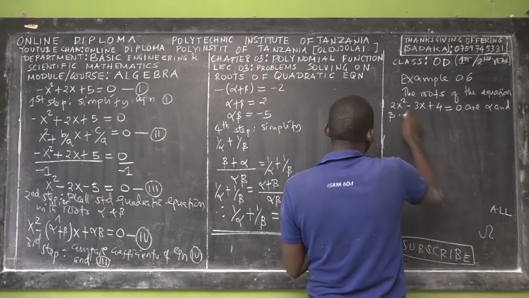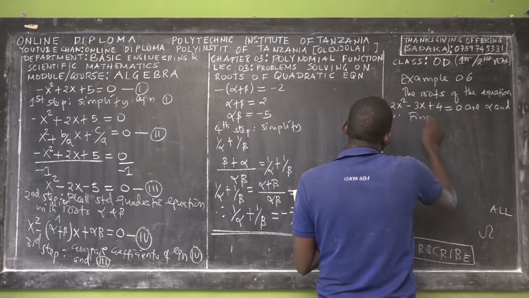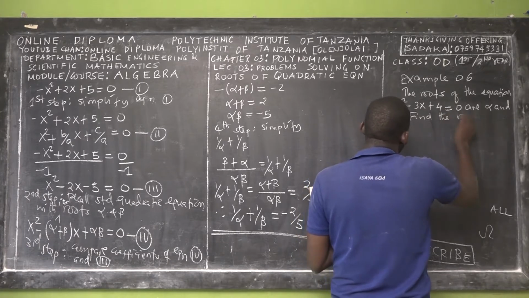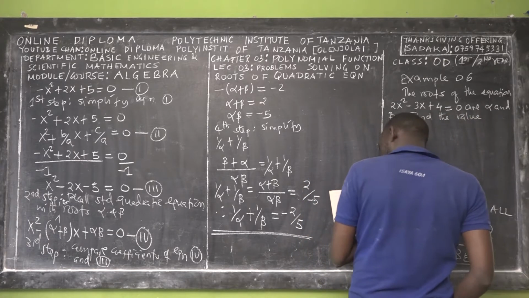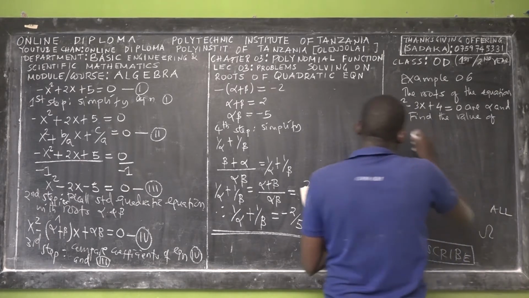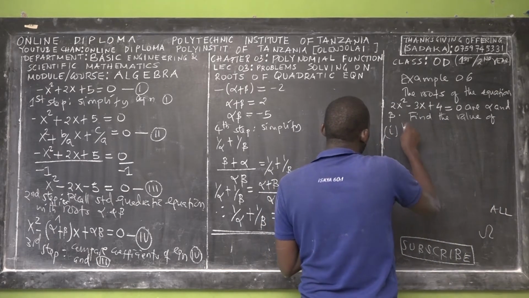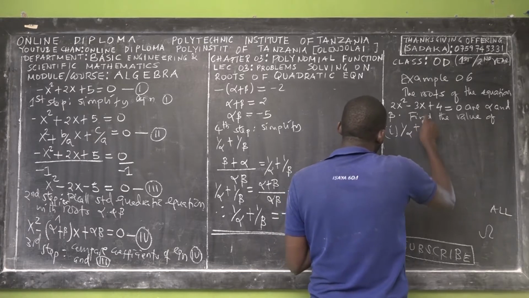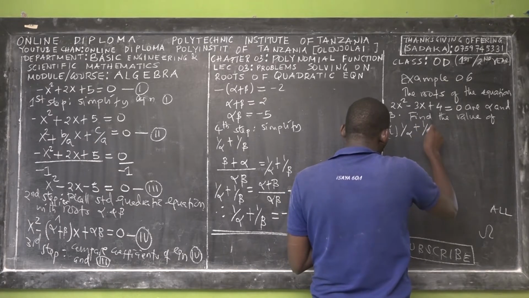Find the value of number 1, 1 over alpha plus 1 over beta.